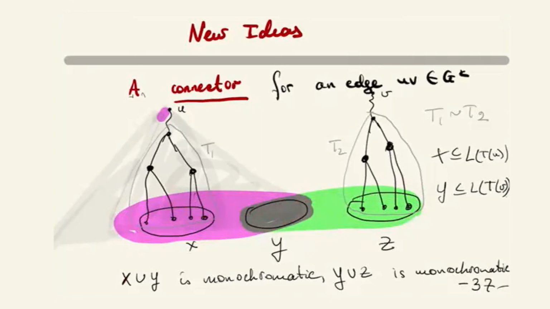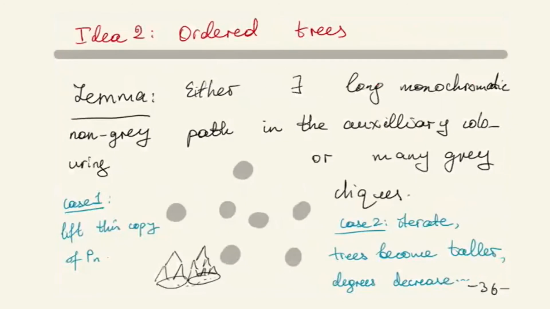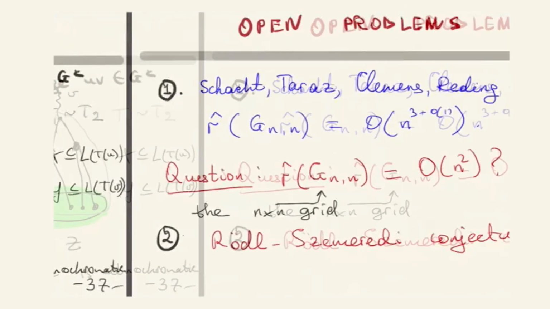And then when I have a bunch of these connectors, I have found a large non-gray path. On one step, I think it would be good to draw a picture. So imagine I have found some path in this auxiliary coloring.